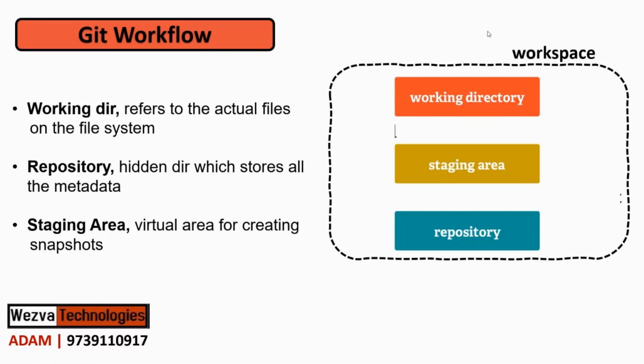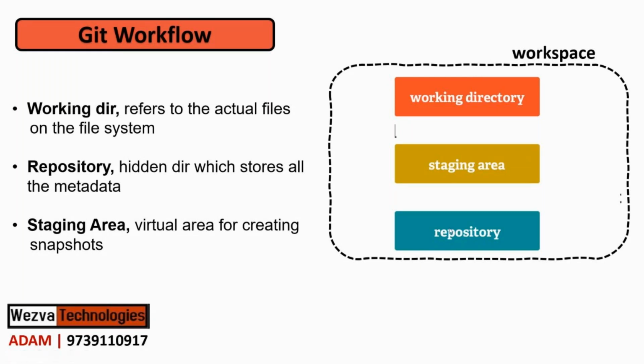What are those three areas and why do we need them? That's also something important for us to know. One is called the working directory, the second is called the staging area, and the third is called the repository.